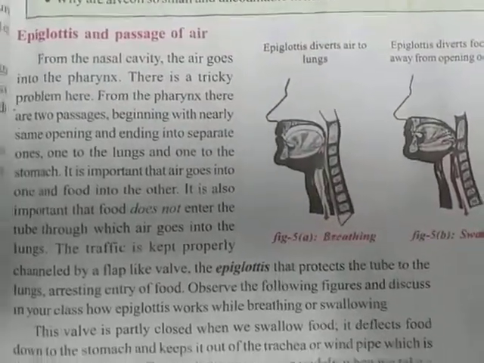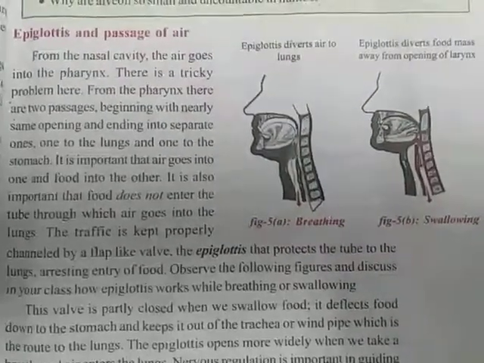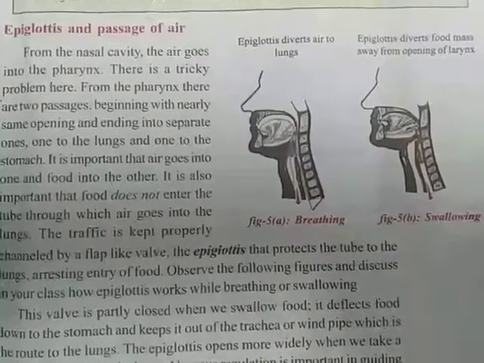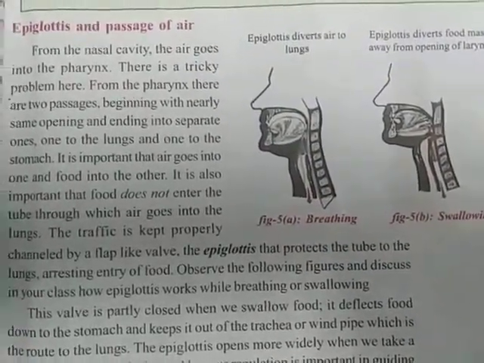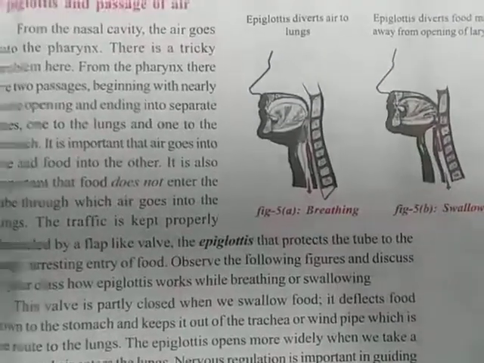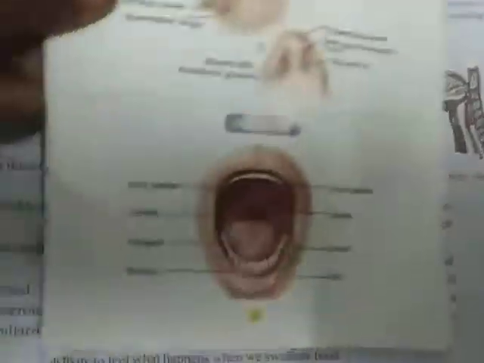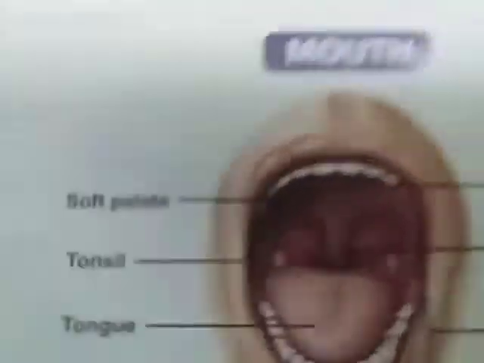Epiglottis. What do you know about epiglottis? If you open your mouth or buccal cavity, there is a chance to see one bell-like apparatus that is called epiglottis. Okay, now we are going to observe that epiglottis. All of you observe in this figure.